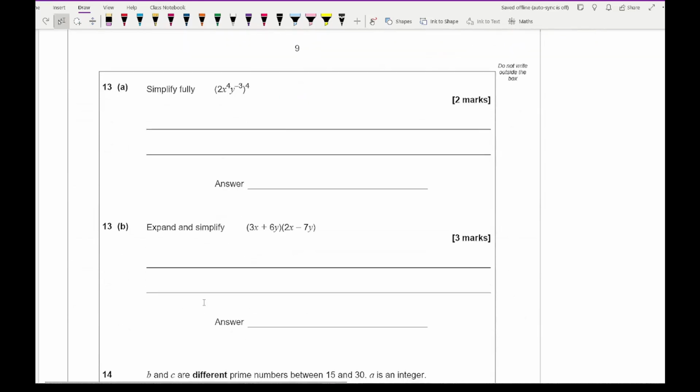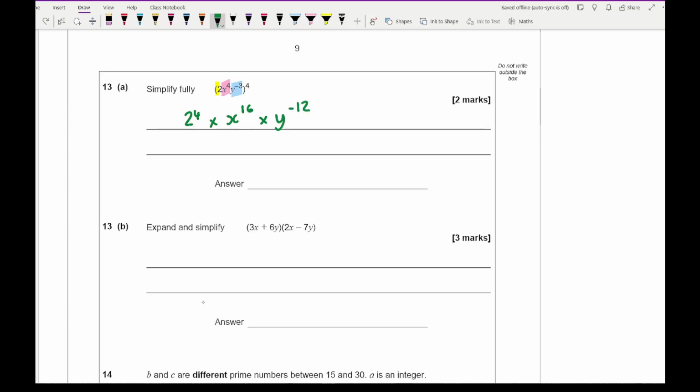The next question, 13, says simplify fully, and we've got this expression inside a bracket. So for this, what I need to do is raise all the terms in the bracket to the power of 4. So it's going to be 2 to the power of 4. Now with brackets, we multiply the powers, so that's x to the power of 4 times 4, which is 16, and y to the power of -3 times 4, which is -12.